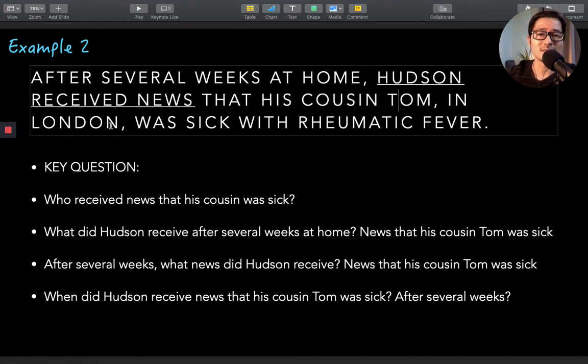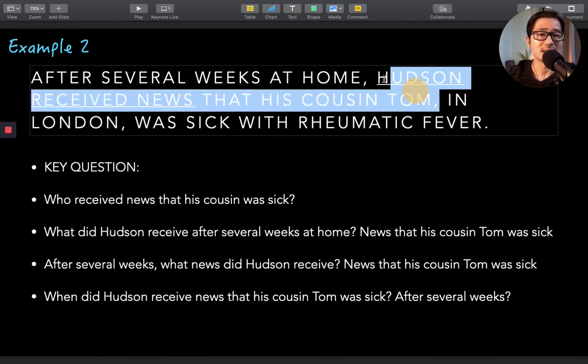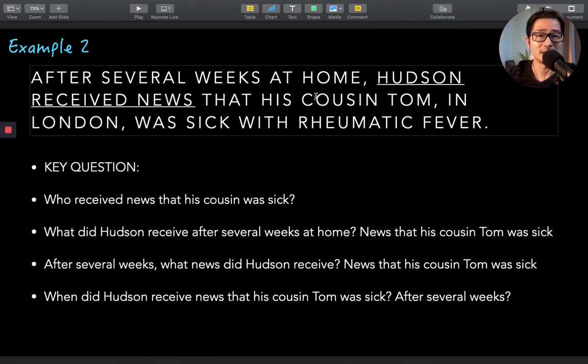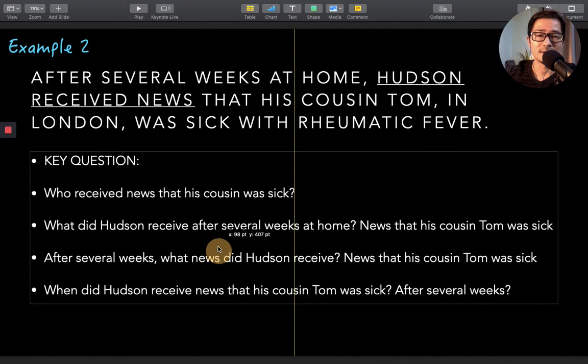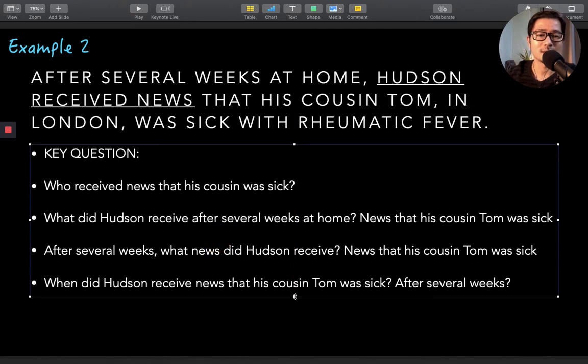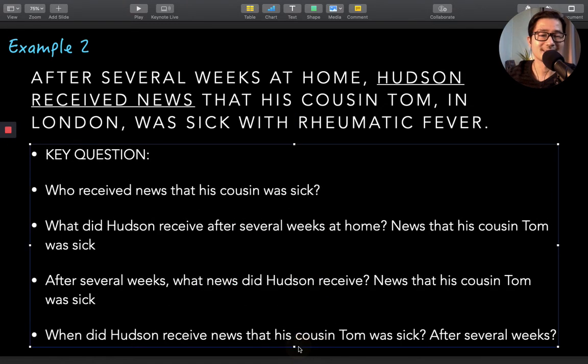But as much as possible, I want you to focus on the main part of the sentence. Of course, if you want to give it a try, just make sure it's correct. But maybe at the beginning, you can just focus on the main part of the sentence.